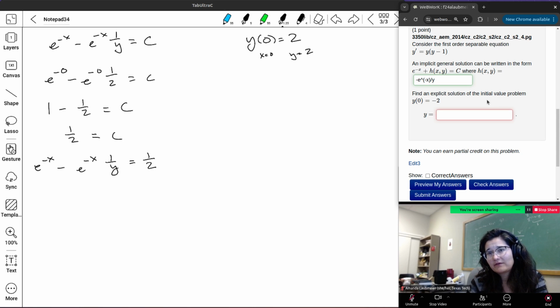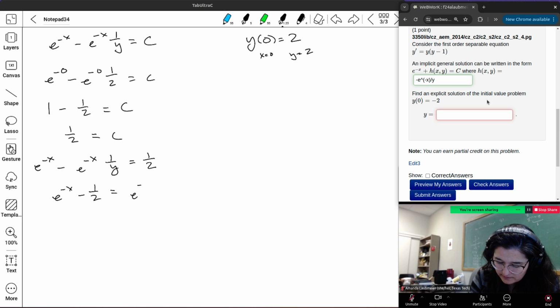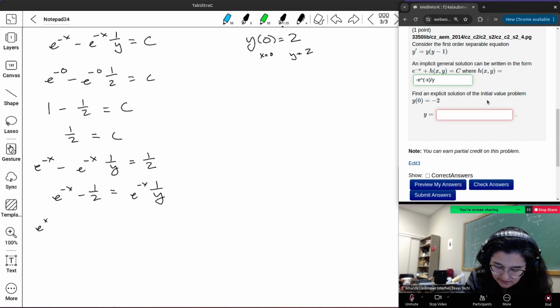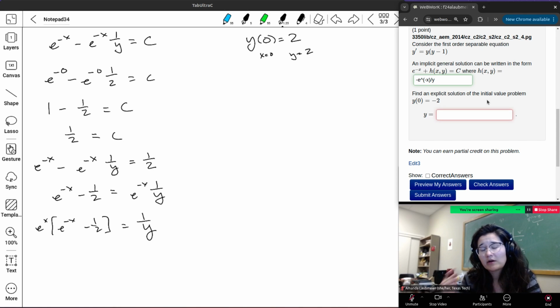My best bet for that is to move the y term over, and then you can think about divide by e to the minus x or multiply by e to the x. Get rid of that x on the right. I want y by itself.